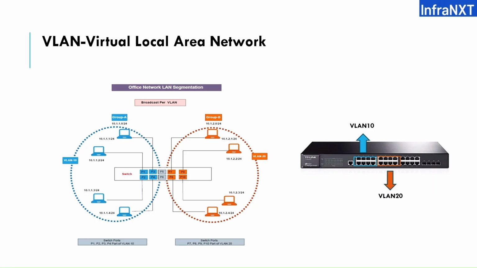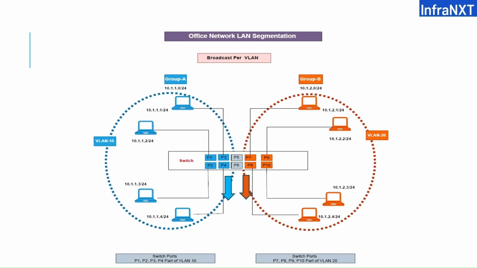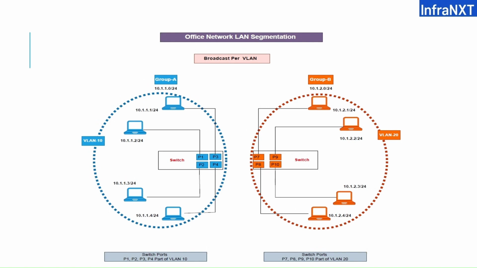Once a set of ports is tagged with a VLAN, any broadcast message from one computer in that group will be restricted within its VLAN boundary or ports. It's like virtually dividing the broadcast domain so the network switch acts as two switches, while physically it's one hardware.